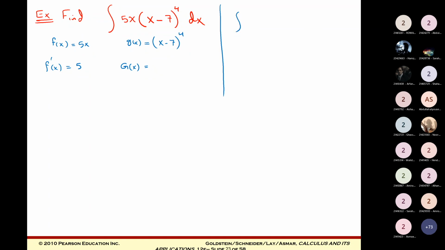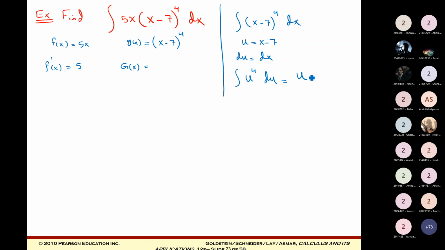The integral of x minus 7 to the power 4 dx, we let u equal x minus 7, so du equals dx. So we have u to the power 4 and dx equals du.